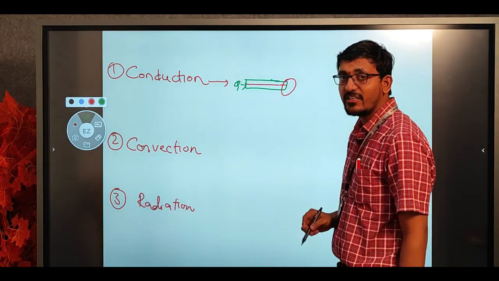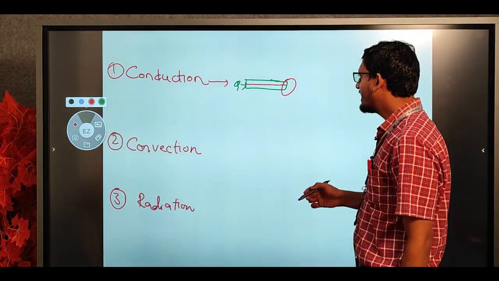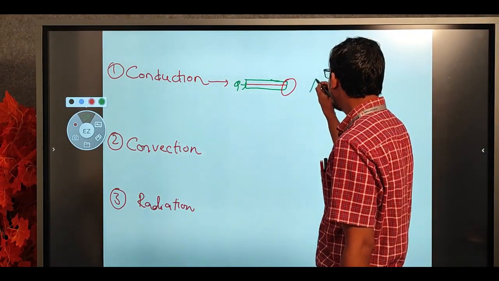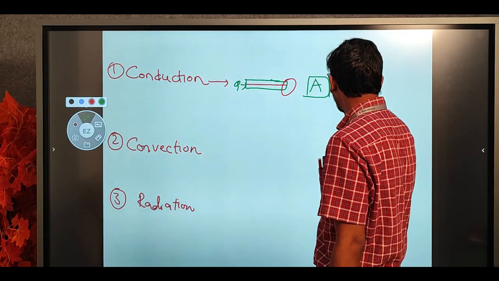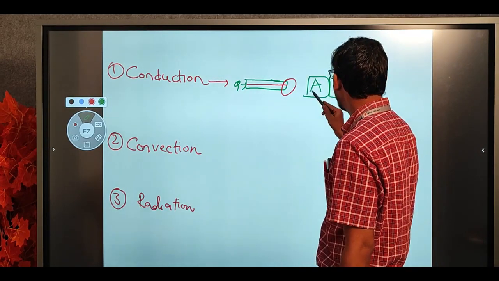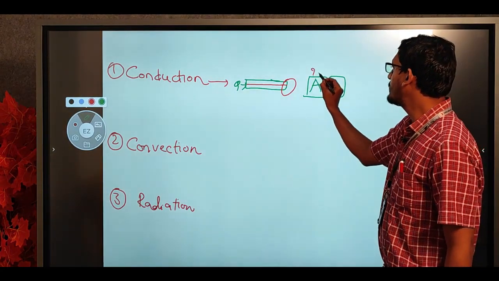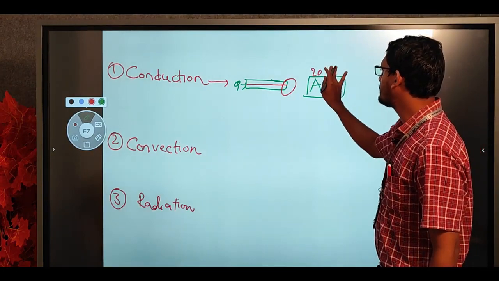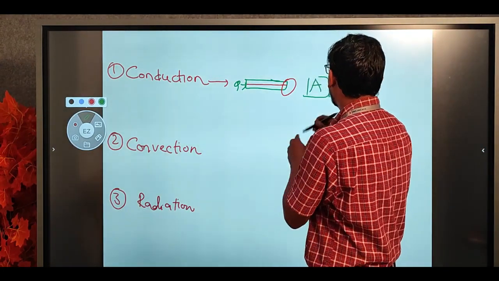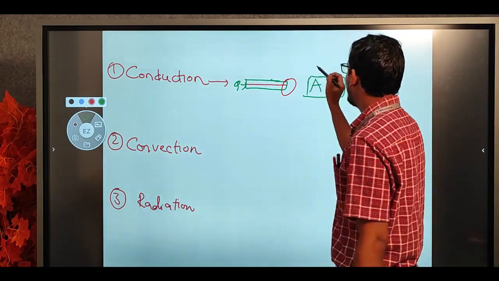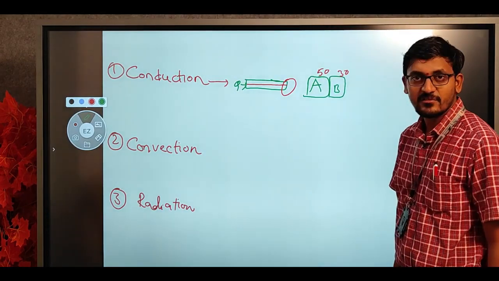Means we can observe the hotness at the other end. This is the one. And another thing is, if body A is kept in contact with body B and these two bodies are maintained at different temperatures, let's suppose 50 degrees Celsius and this is 30 degrees Celsius.